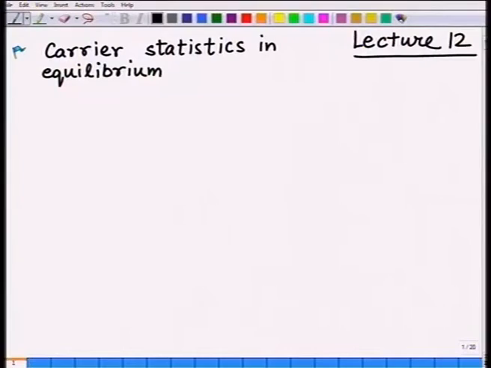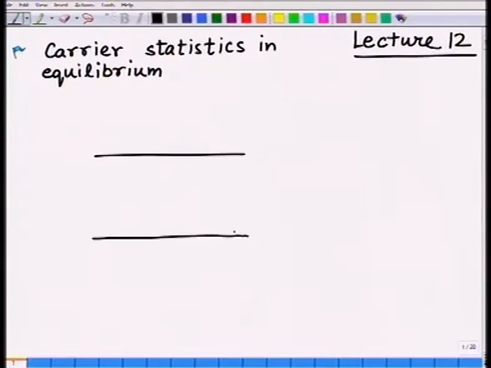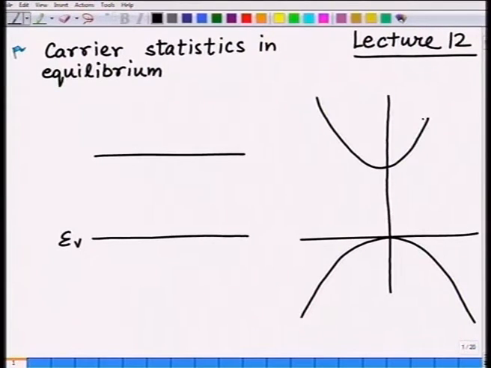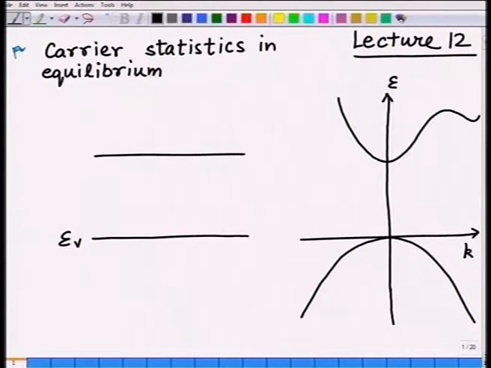The question we'll ask is, let's reduce this problem to a different one. If I think of my semiconductor as follows, here is the valence band energy, and if I plot it like this, a direct band gap semiconductor, something like this, this is E versus K. So here is my EV, this is the energy axis, and here is my EC, which is the bottom of the conduction band, and here's the top of the valence band.